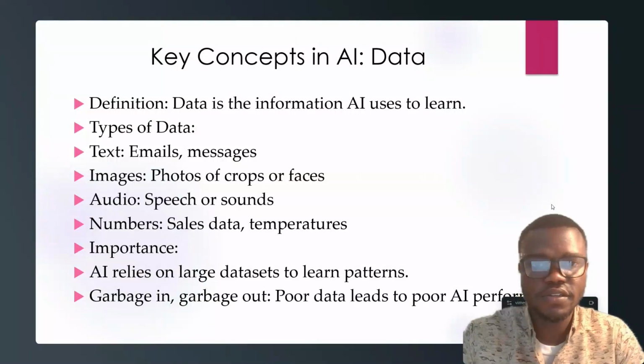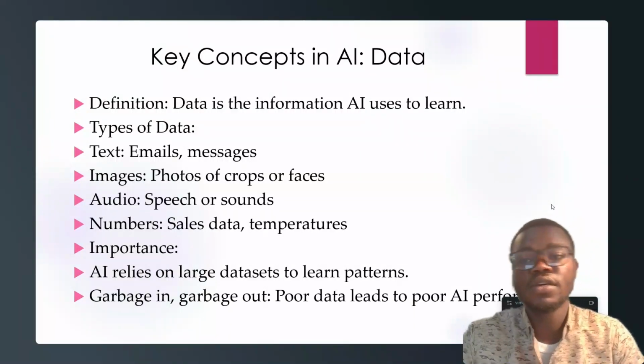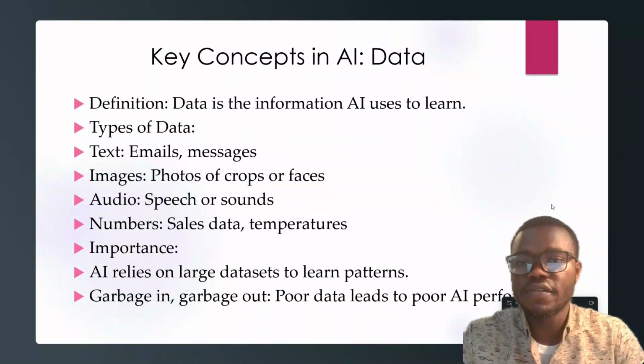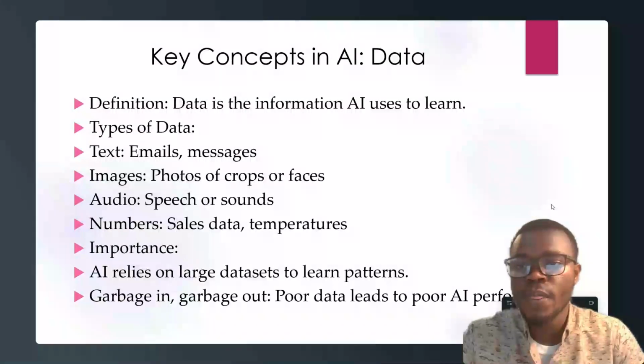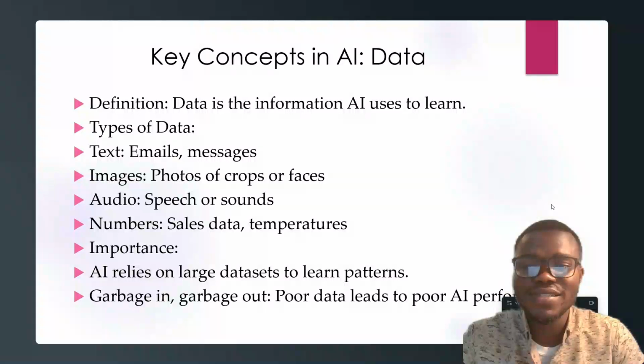The key concept in AI: data. Data is defined as information AI uses to learn. Types of data we have: text, emails, messages. We have images, photos of crops and faces. We have audio, speech and sounds.